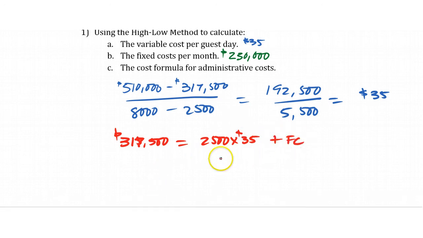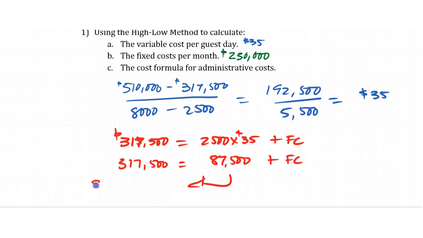I multiply that and I get 87,500. So 317,500 equals 87,500 plus fixed costs. I move that to the other side: 317,500 minus 87,500 equals 230. So we get the same fixed cost regardless of how we do it.